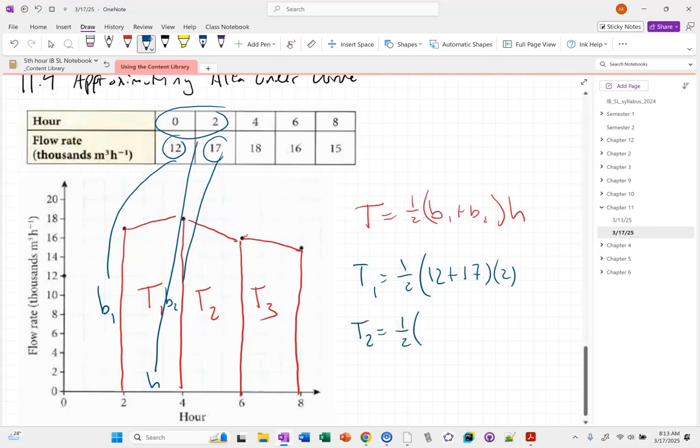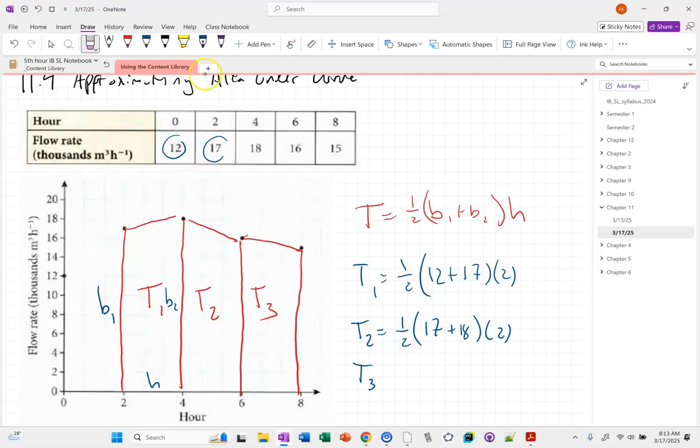T2 is going to be 1/2 17 plus 18 times 2. And then oh my goodness, I missed the trapezoid here. Great googly moogly, guys. Look, I missed that one. So this one should be T1. This is T2, this is T3, this is T4. I had 4 trapezoids there. Eep!